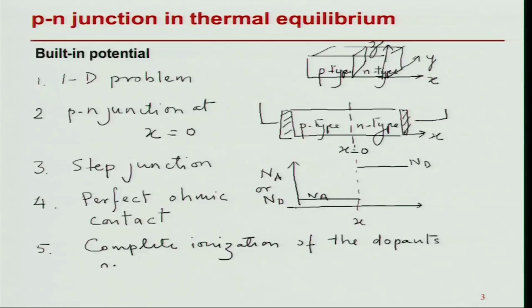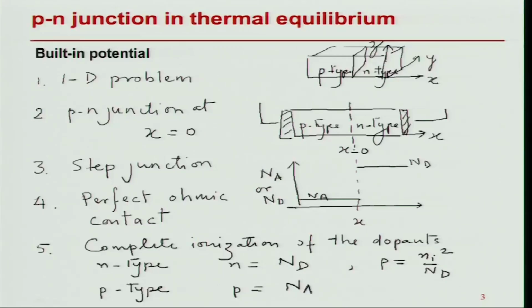This basically means that for a N type semiconductor, n is equal to the donor concentration, the electron concentration in N type, and we know that if this is so, in equilibrium p is equal to ni square divided by Nd, the minority carrier concentration. And for the p type the hole concentration is equal to the concentration of the acceptors, and along with that we know that the electron concentration then is equal to ni square over Na.